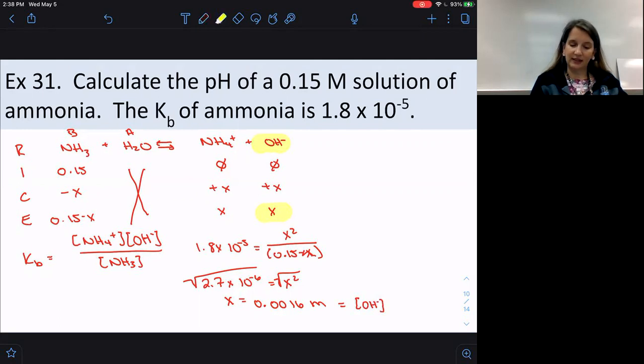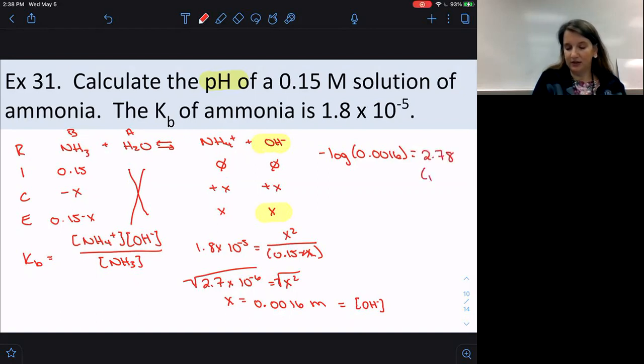So if it's asking us to find the pH, we want to keep in mind that it is the hydroxide ion concentration. So we can still take the negative log of that value. But just remember, because this is hydroxide, this is not going to give us the pH, it's going to give us the pOH. So negative log of that is 2.78.